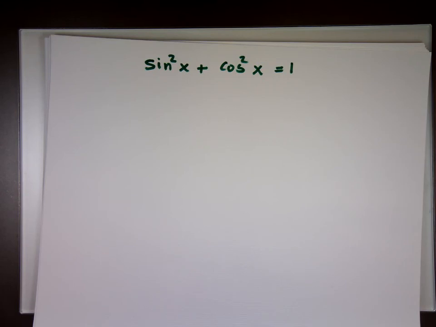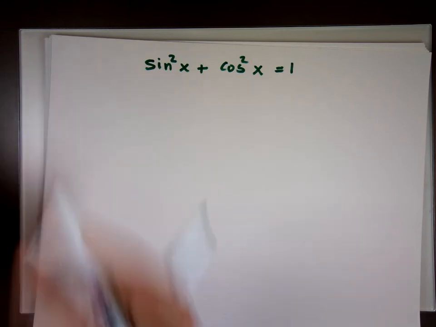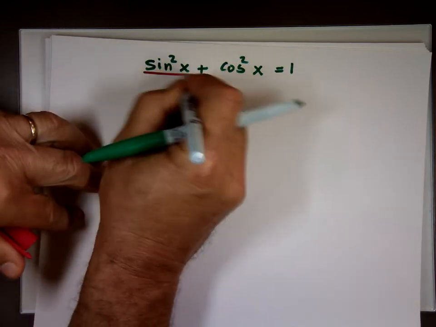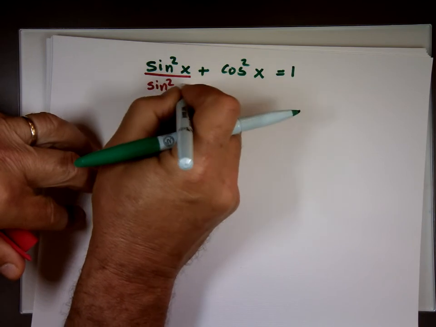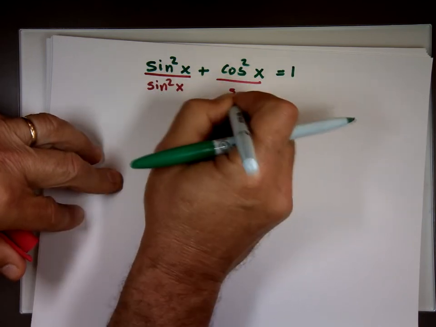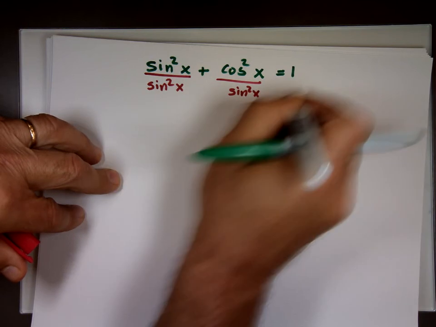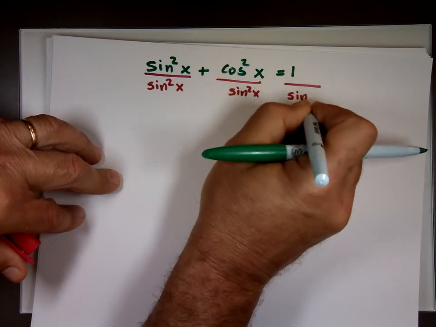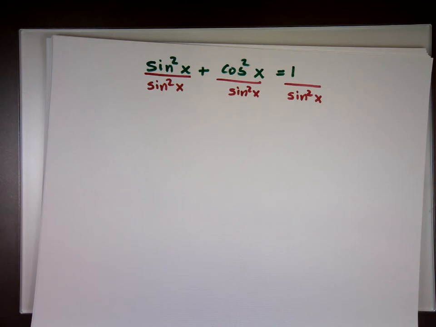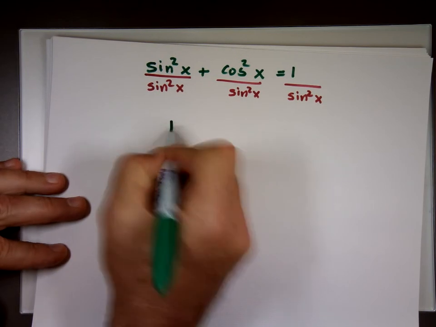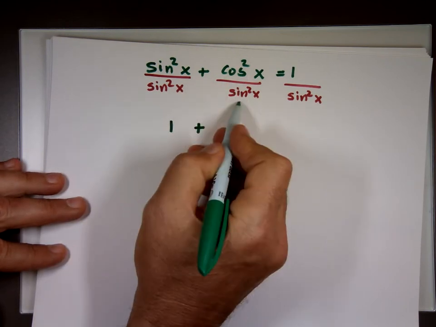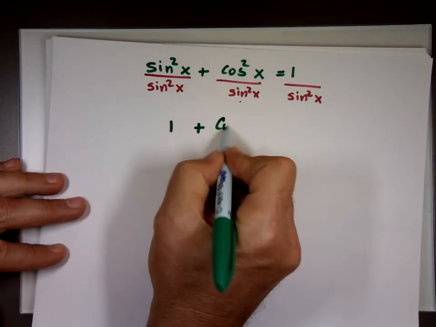So watch this: what will happen if I decide to divide both sides by sine squared? What is sine squared over sine squared? What's cosine squared over sine squared? Cotangent squared x, right?